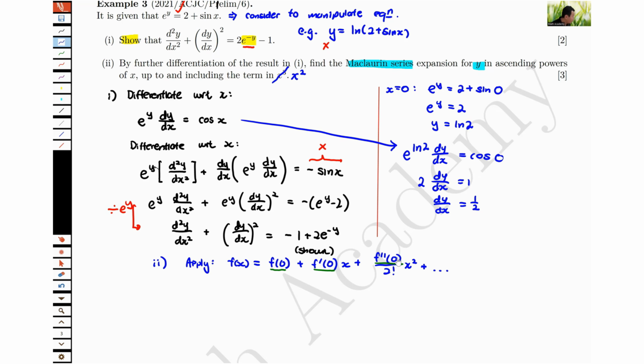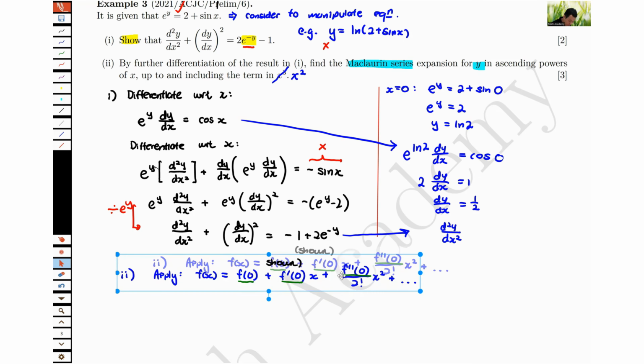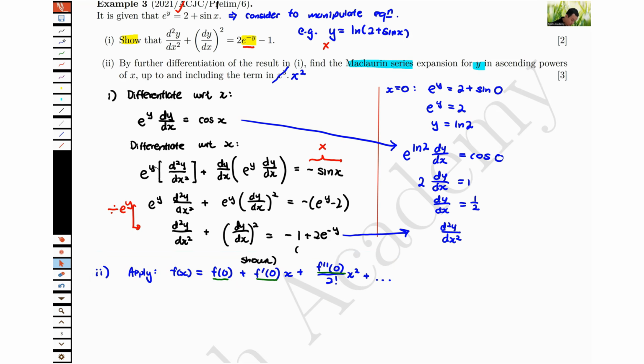Third number that I want to find is f double prime. So your d2y value. From this last equation, use the one that you have simplified or shown. Use this last one. So I sub in the values again. So d2y/dx squared plus, when you see a dy/dx, like I told you, use from the previous one. So will be a half square.